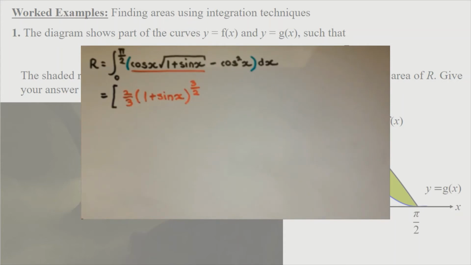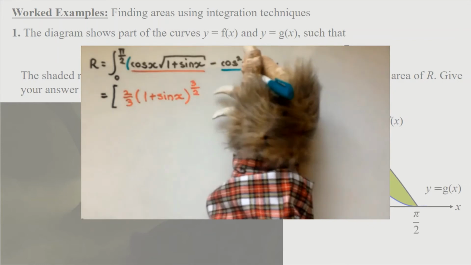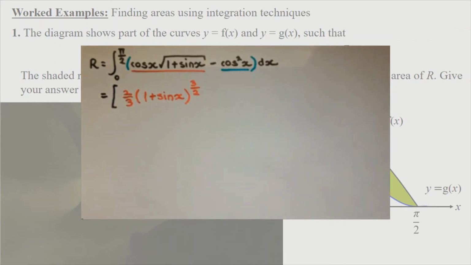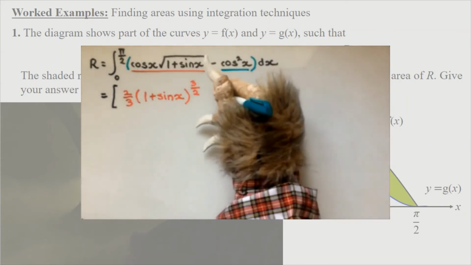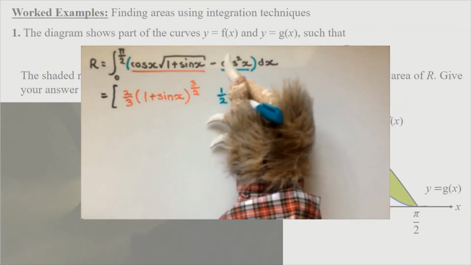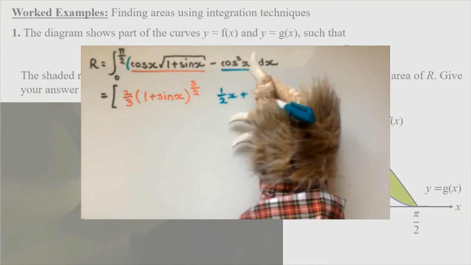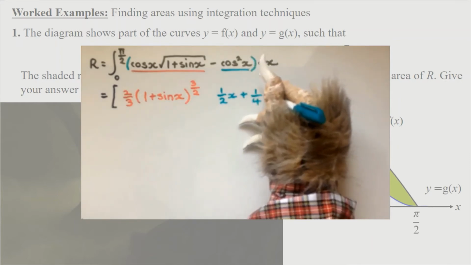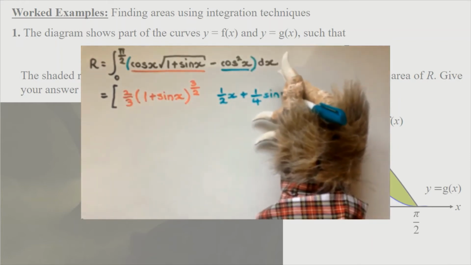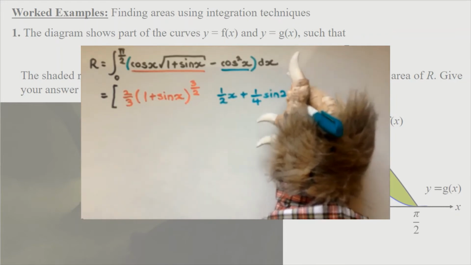And the second integral, which is cos squared, the result was, if I integrate that, I get 1/2 of x plus 1/4 sine of 2x.